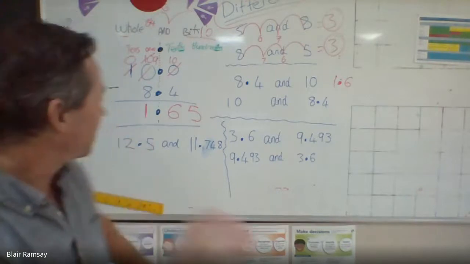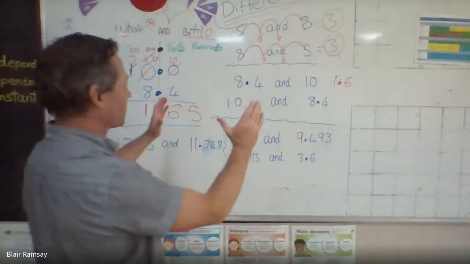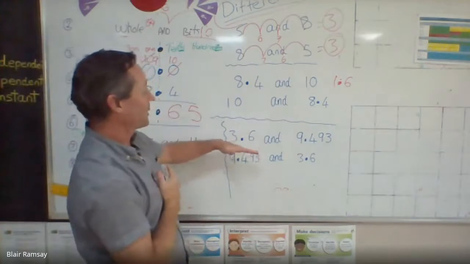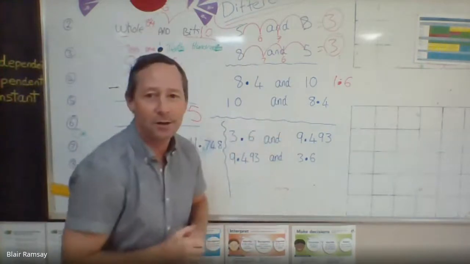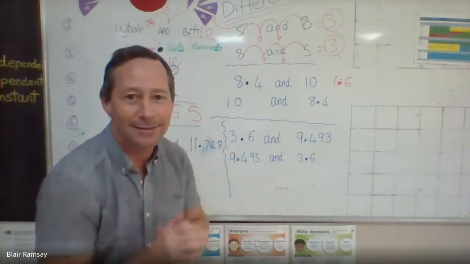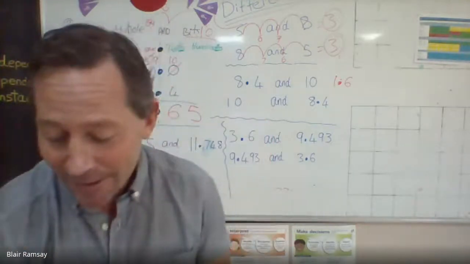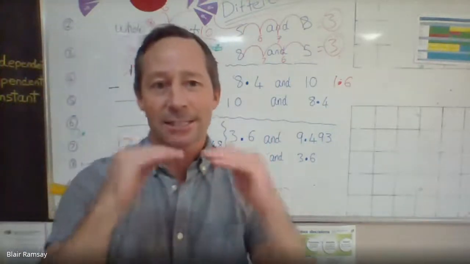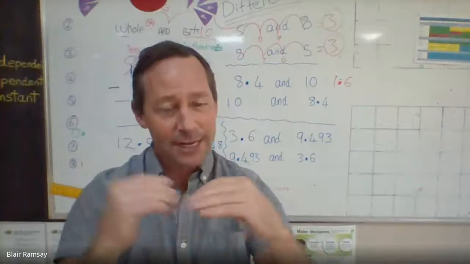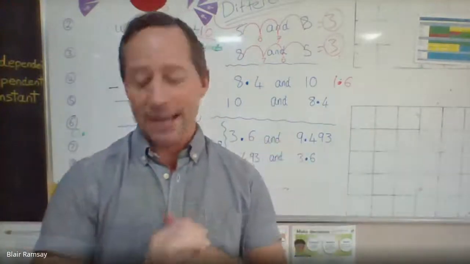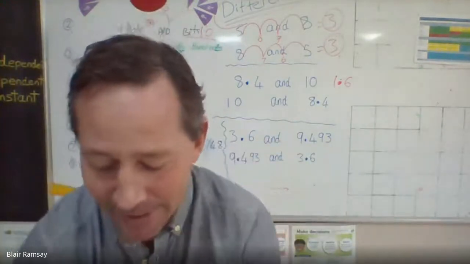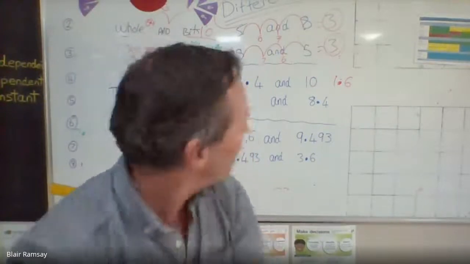All right, hands up if you think you've got the answer to the difference between 3.6 and 9.493. Okay, what I'm going to do is get you to tell me your answer before I get someone to explain how they got it.